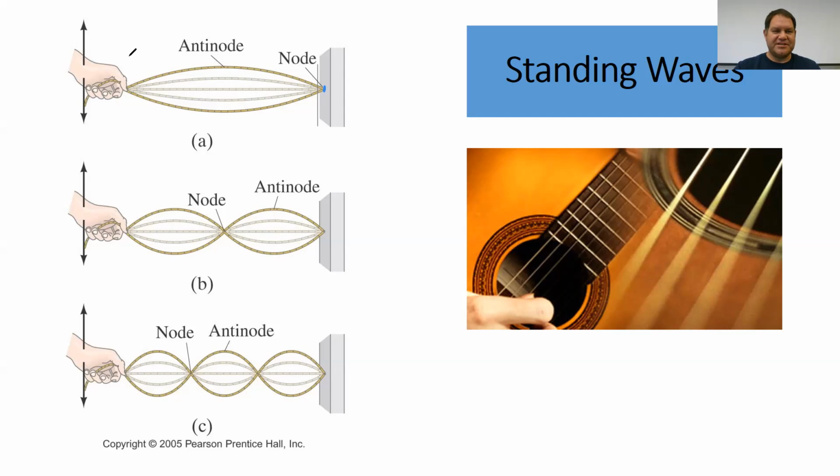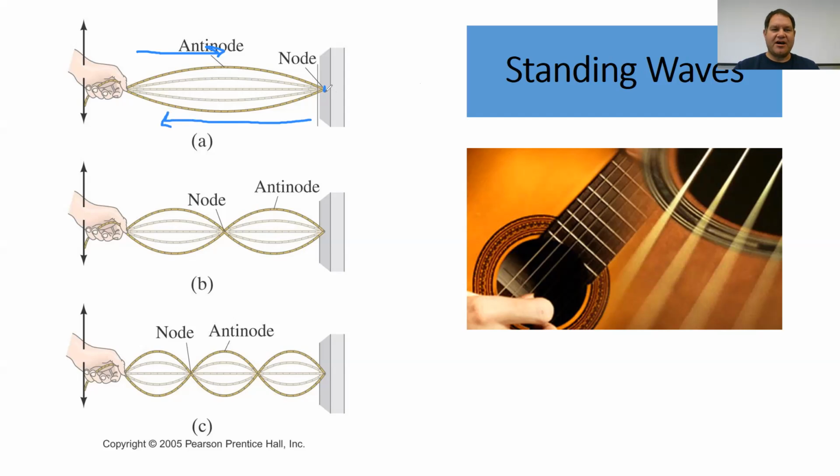In other words, energy is going to propagate out of your hand through the rope in this direction towards the wall. In doing so, that energy is transferred in the rope, and that transferred energy creates a wave, or in other words, a standing wave, because once it hits the fixed end, that wave is going to more or less go back in the other direction instead of continuing on.